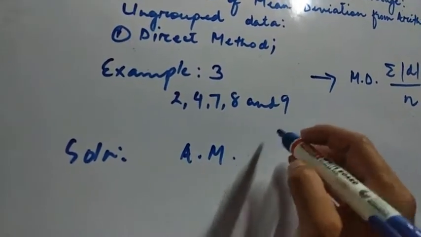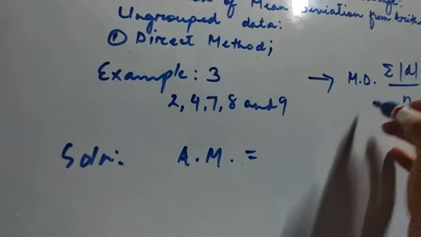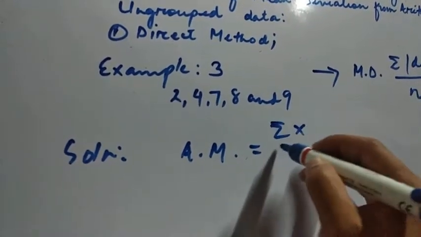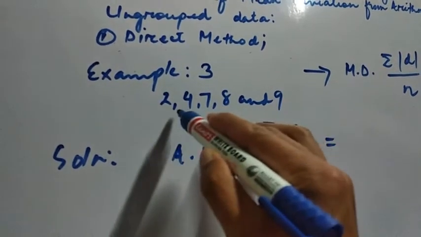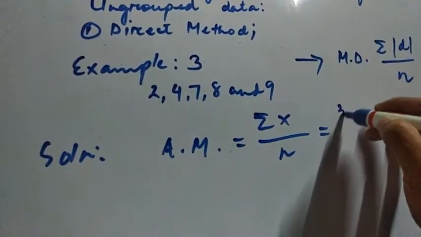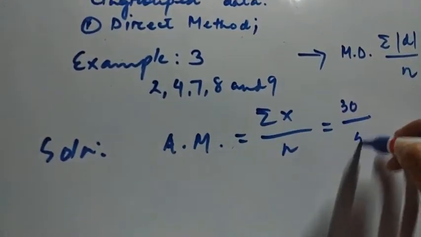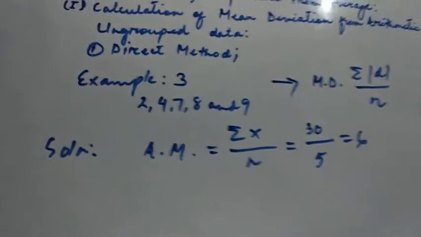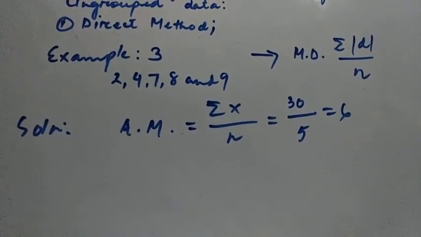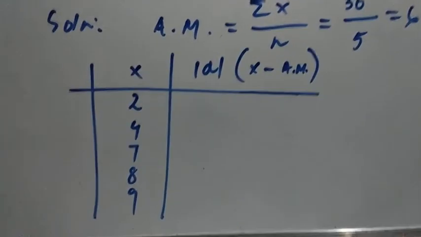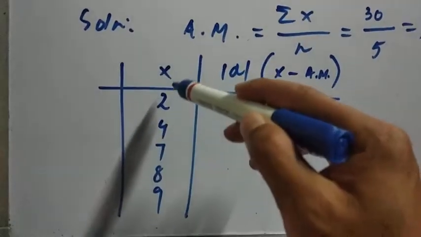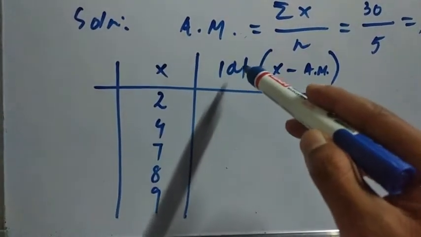There are 5 observations. So we have found that arithmetic mean is summation x divided by n. When you add up all this, you will get 30, and n is 5. So the arithmetic mean is 6. So you form a table like this. This is the x. And how do we find this d?